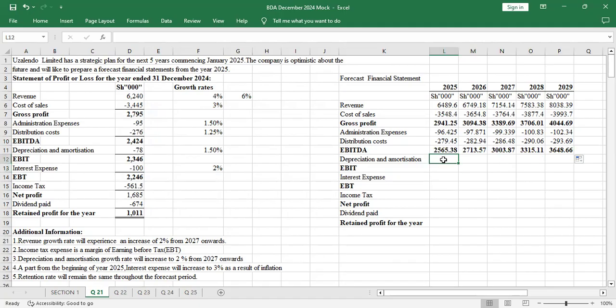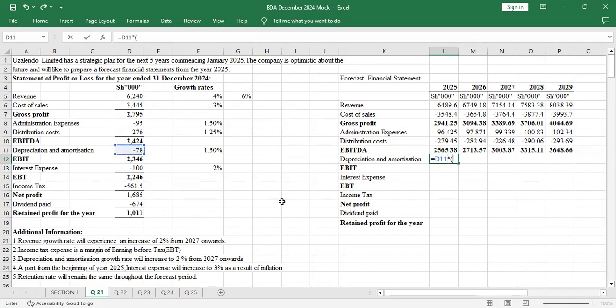So I'll put that, and then I'll go to depreciation and amortization. Before I do that, I'll check whether there was any information. When you go to additional information number 3, depreciation and amortization growth rate will increase to 2% from 2027 onwards. So let's start again. I'll say equals to the depreciation was that.